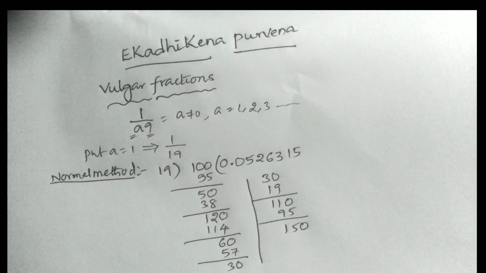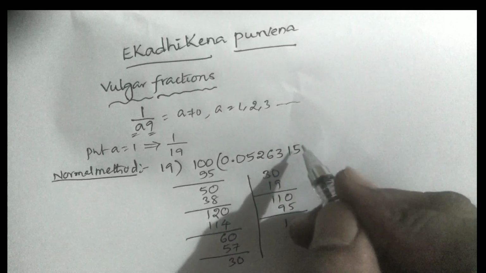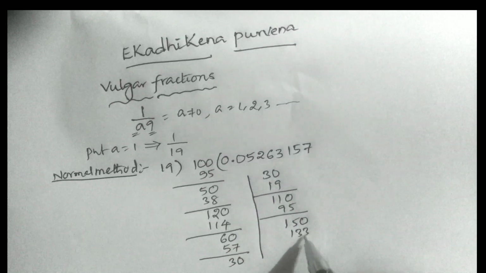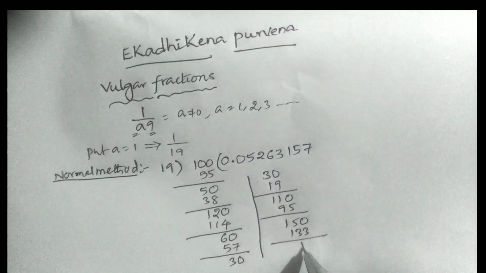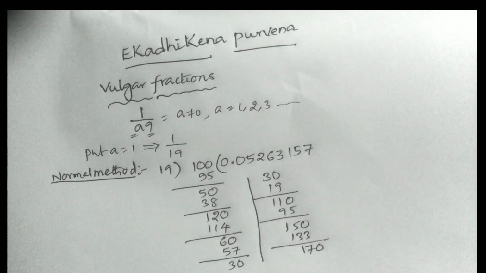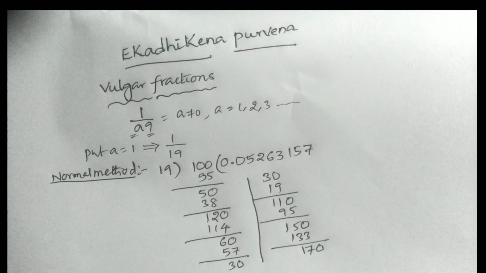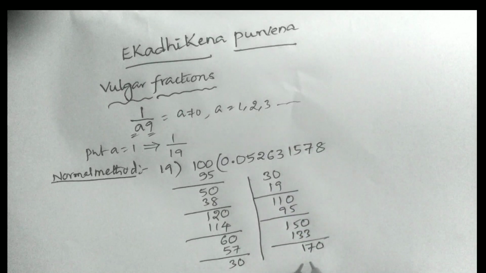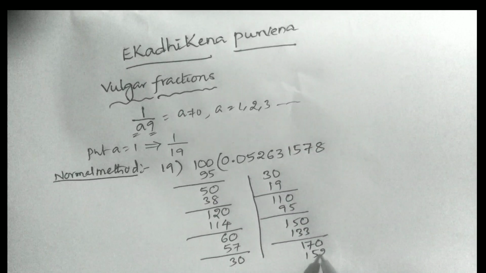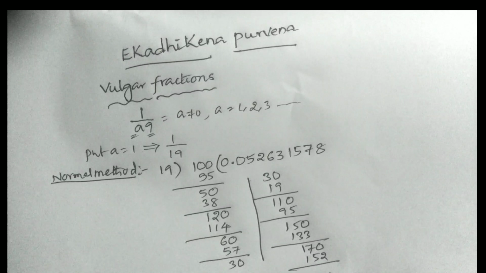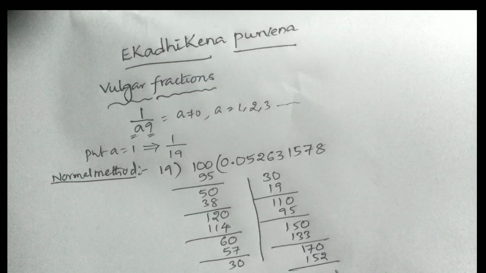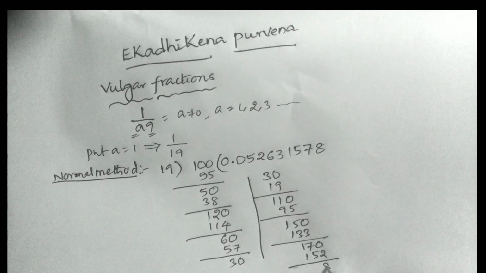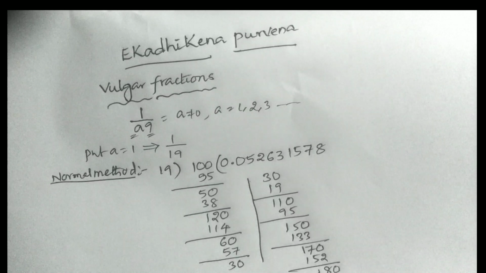Again 19 7s are 133, subtracting the numbers, the remainder is 17, take 0, 170. 19 8s are 152, subtract the numbers, it becomes 18, so take 0, it becomes 180.